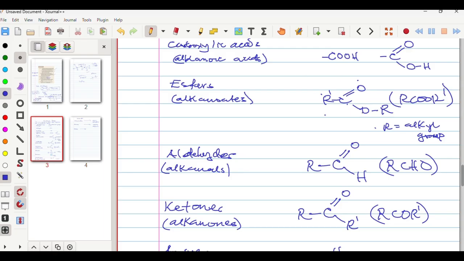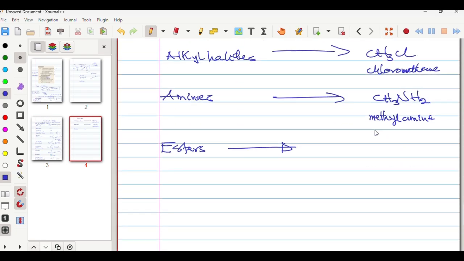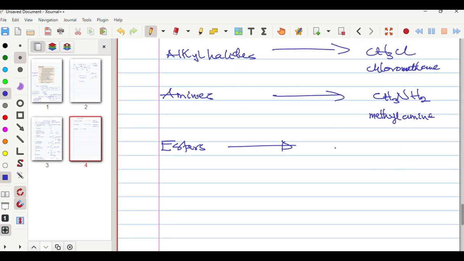It can be R prime COOR, no problem. You can just alternate them. So that is ester. The R again can be CH3, which is methyl, or it can be C2H5, which is ethyl. Now let's use CH3.